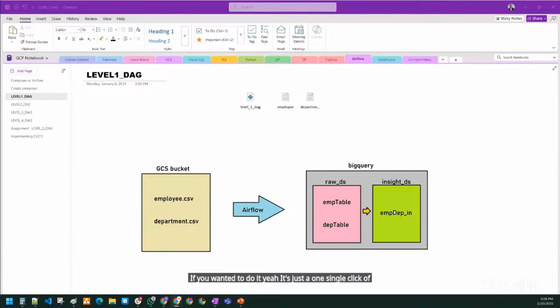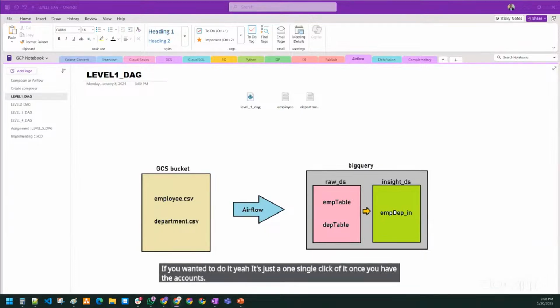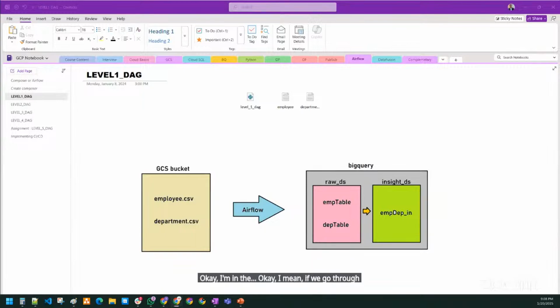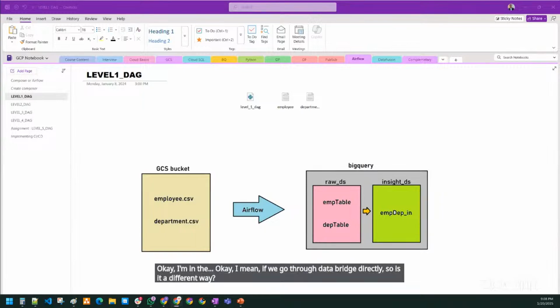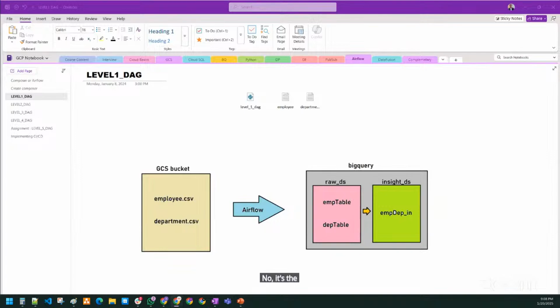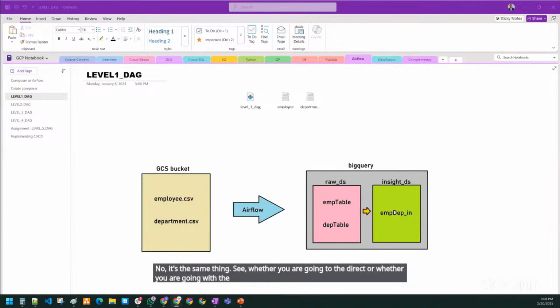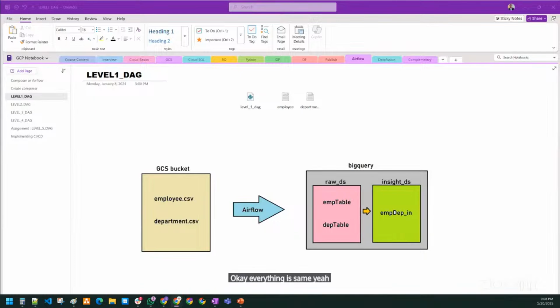Once you have the accounts, it's just a single click away. Whether you go direct or through the cloud accounts, the interface and everything is the same. The underlying infrastructure is on the cloud. That's it. Okay, everything is the same, thank you.